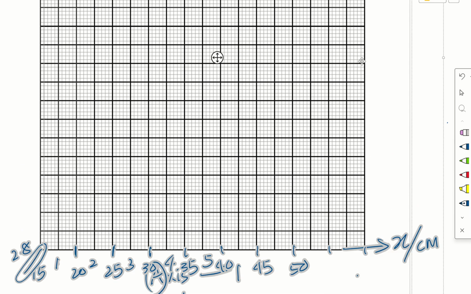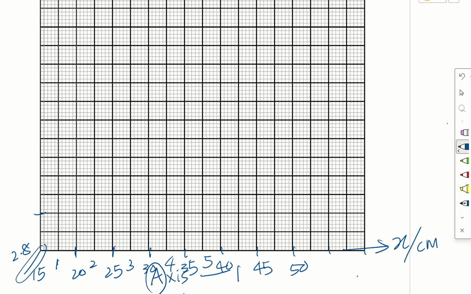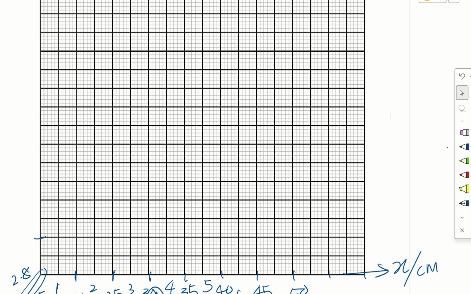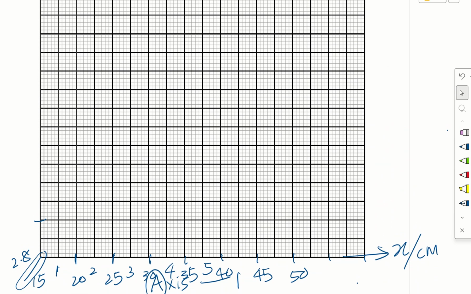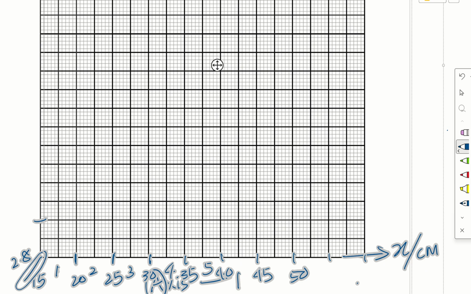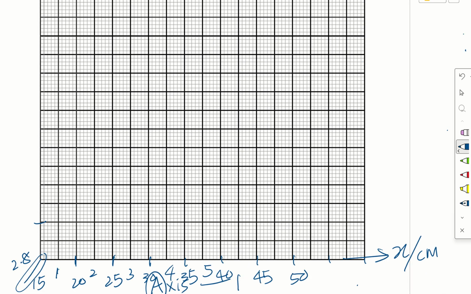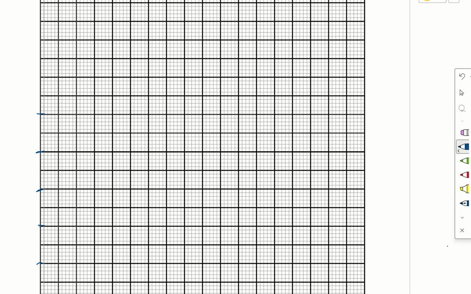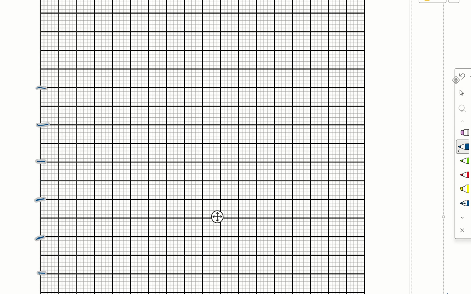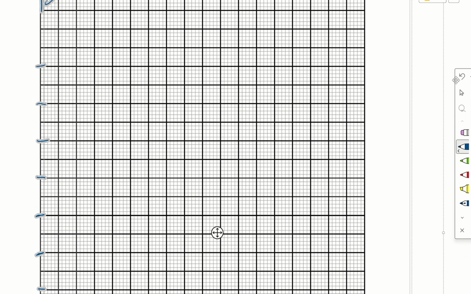So if I do 2.8, then this will require some practice, and you need to actually count it properly. So even for me, I still need to plan, like 2.8. Then if I do 3, 3.2, 3.4, 3.6, 3.8, 4, 4.2, 4.4, 4.6, 4.8, and then 5.